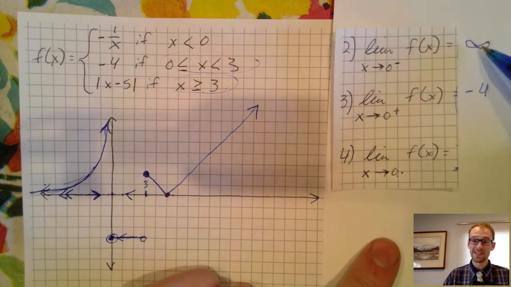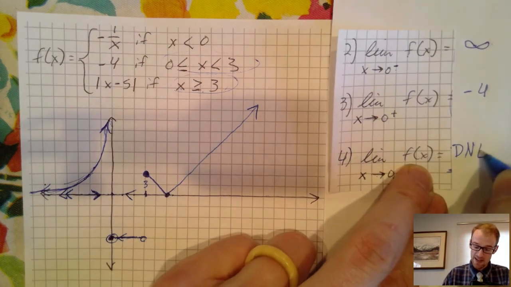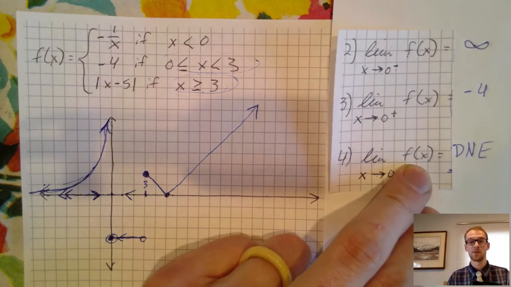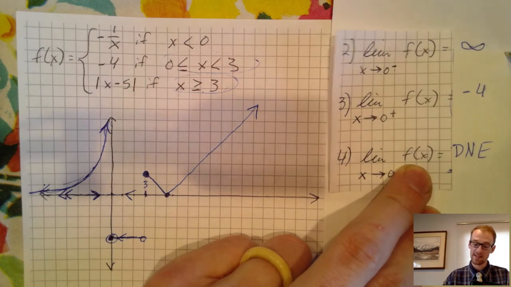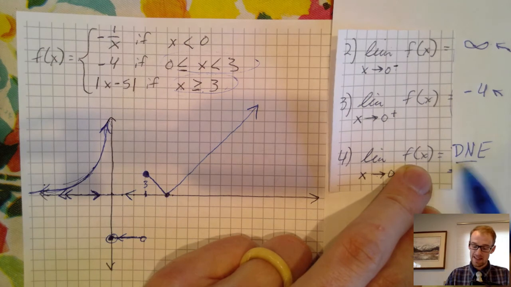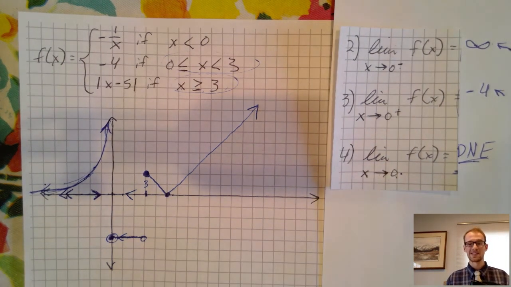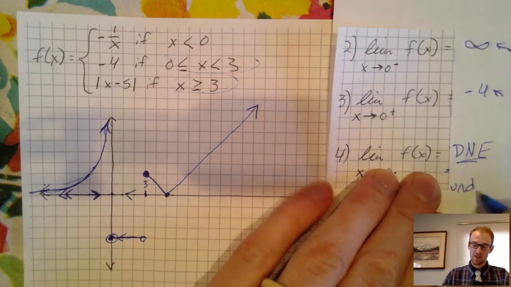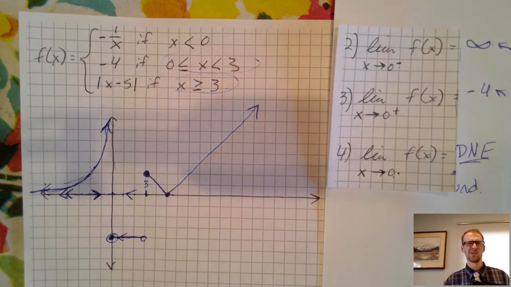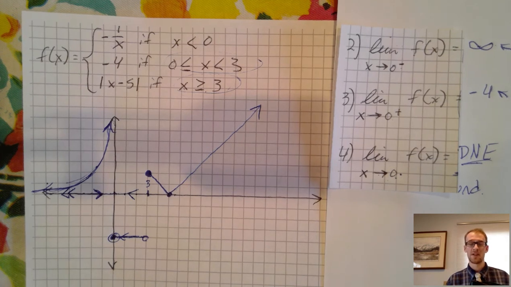So because these values are different, this answer is DNE. Can you guess what that stands for? Does not exist. Because the left and right hand side limits are different, the actual limit, the regular old limit, does not exist. Or you could say undefined, or I think those are really the two acceptable answers for that one. Does not exist or undefined for that.